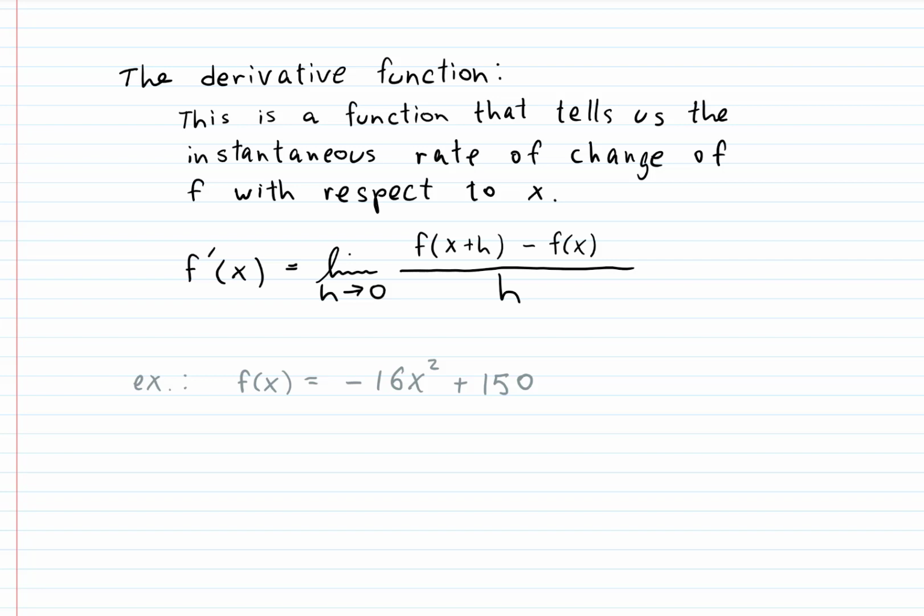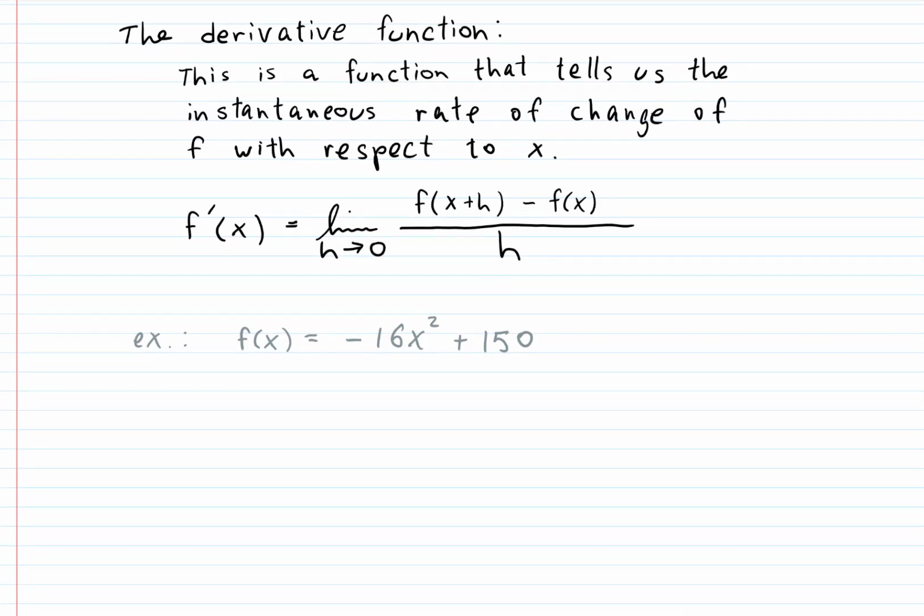This is going to be very, very similar to above, okay? I'm going to write f prime of x equals the limit as h goes to 0 of f of x plus h minus f of x over h. Okay, let's work that out.